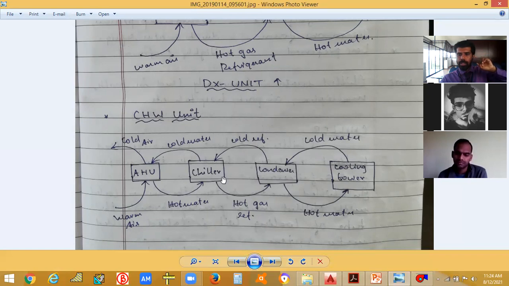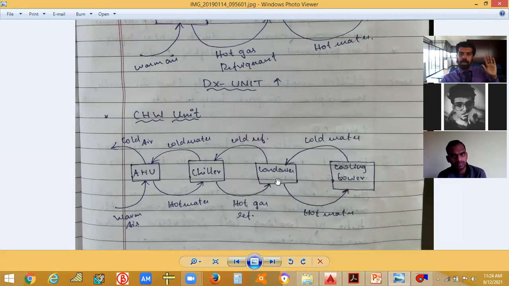Understood what I am saying? So the cold refrigerant will be converted to hot gas refrigerant. Then this hot gas refrigerant will be converted to cold refrigerant by the help of cold water from the cooling tower. So here an extra setup known as condenser is there.